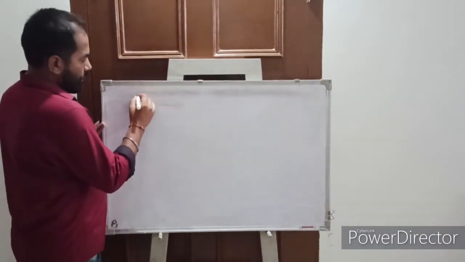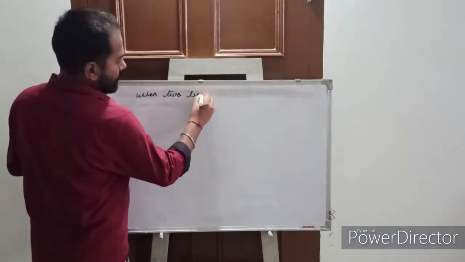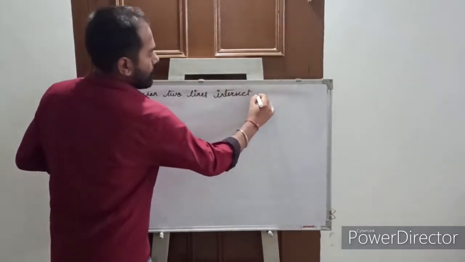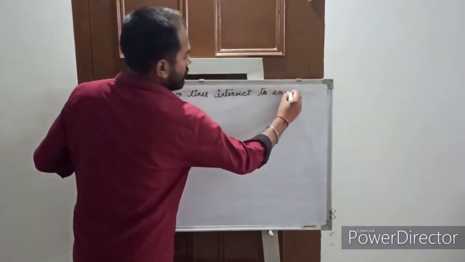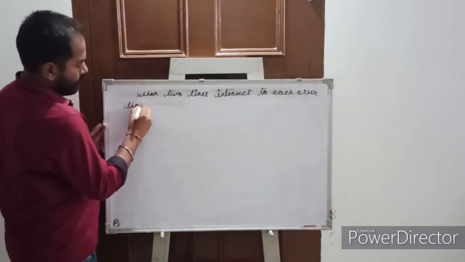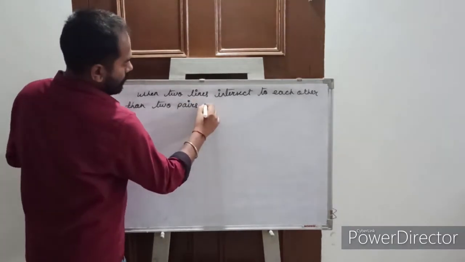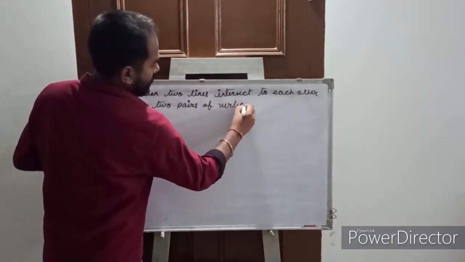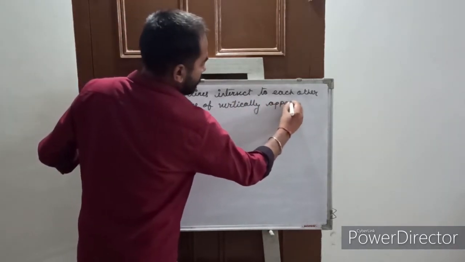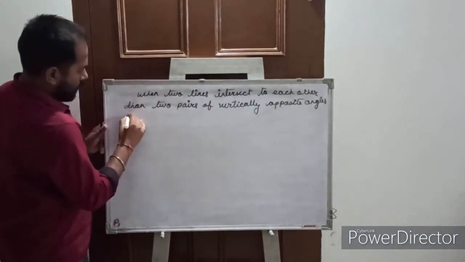So you already know that when two lines intersect each other, two pairs of vertically opposite angles are formed.